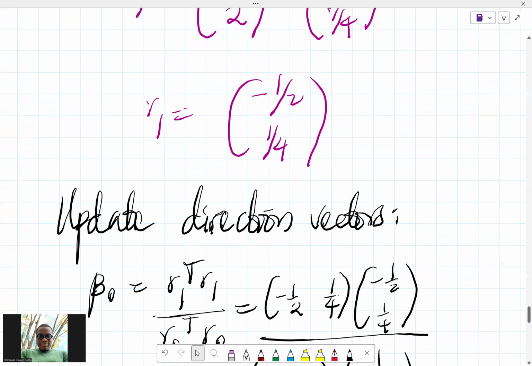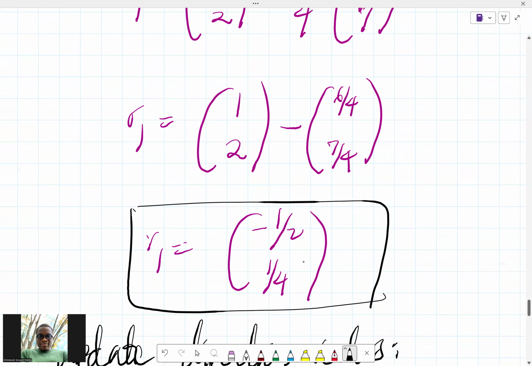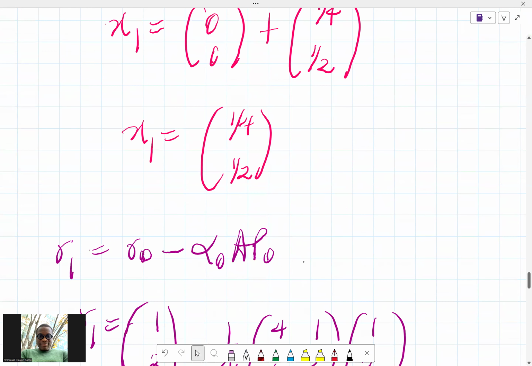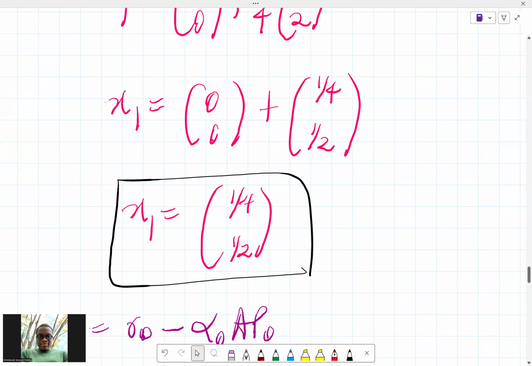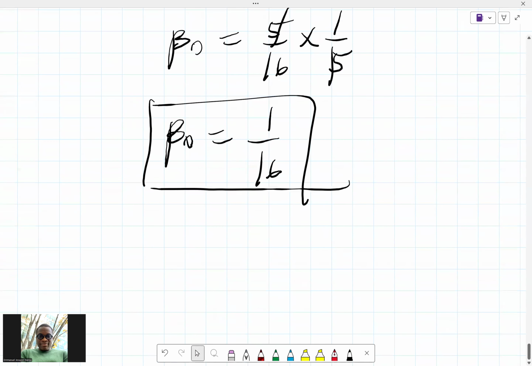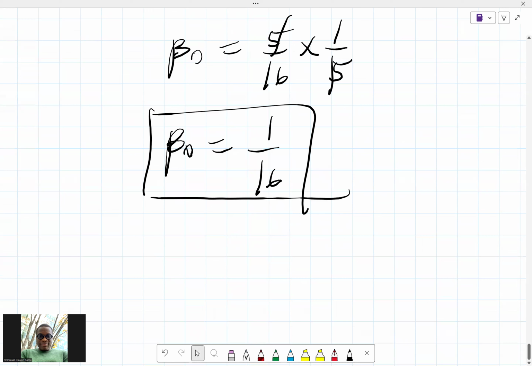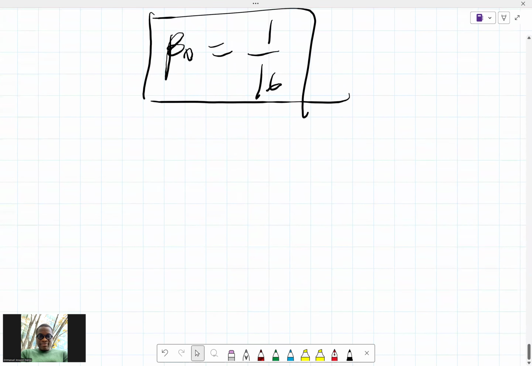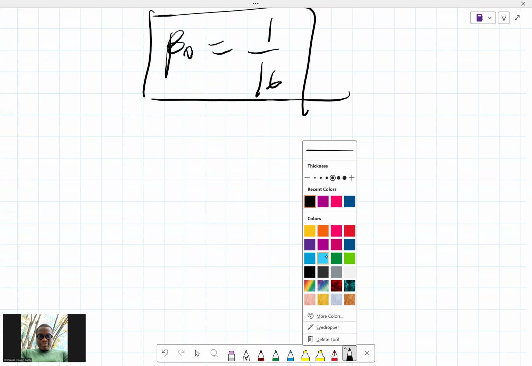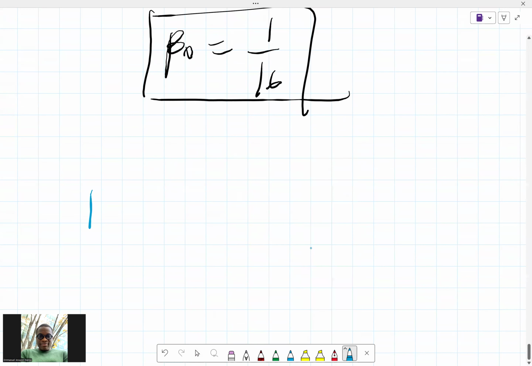Of course, other important things we have got before. This is R1. We got also X1. Okay. I think I circled this as required. So this is 1 over 16 here for beta naught. Now, with this in place, we go for, still talking about the direction, right? So we go for this now, P1. P1 is R1 plus beta naught P naught. Okay.